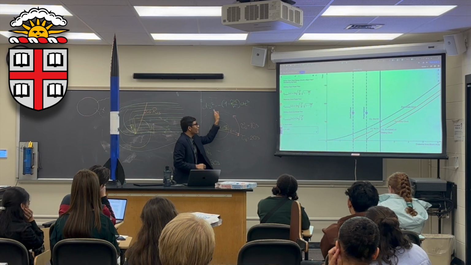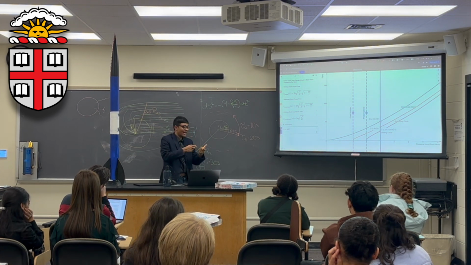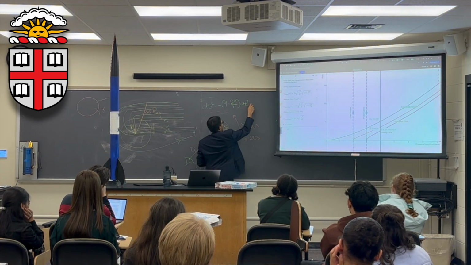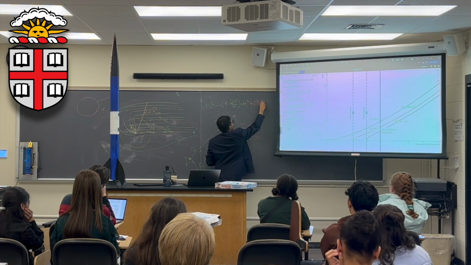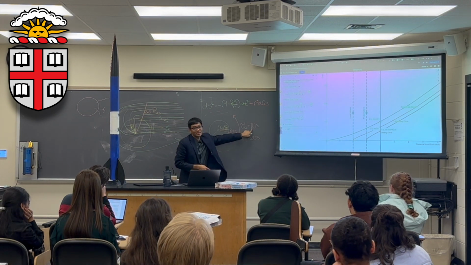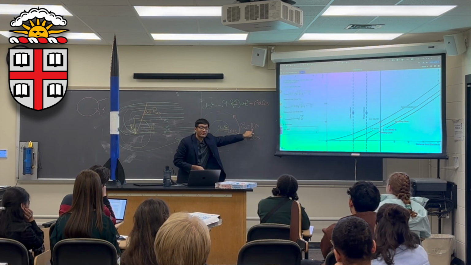But if I'm orbiting the black hole, then I have to add another part. I'm forced to add this angular term. And this angular term reduces the total amount of time I take.